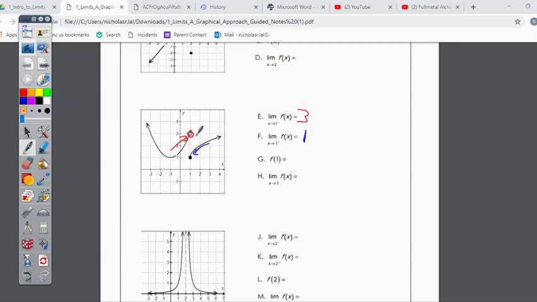F of 1, however, we have a hole here and a hole here and a filled in dot here. So f of 1 is going to be equal to 1. The limit as x approaches 1, however, does not exist because these values do not equal each other. From the left and from the right are not the same. Therefore, the limit does not exist.